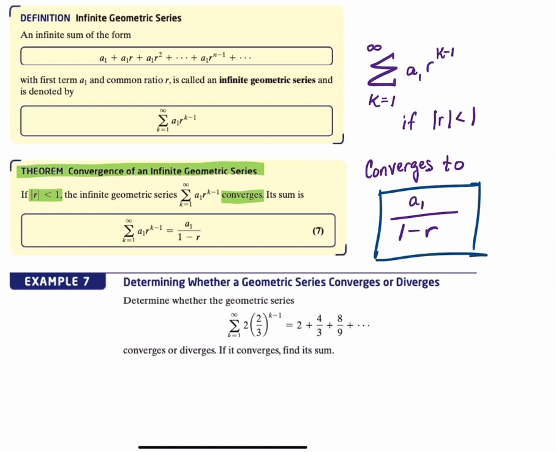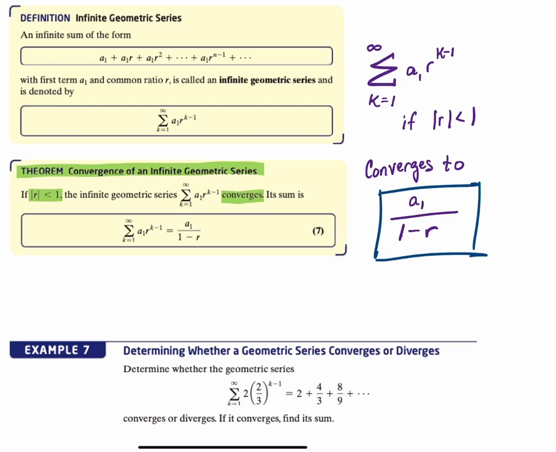So that's our formula we can use. Otherwise, and they don't have it stated here, I'll just add it in, meaning that the absolute value of r is greater than or equal to 1, the series diverges.